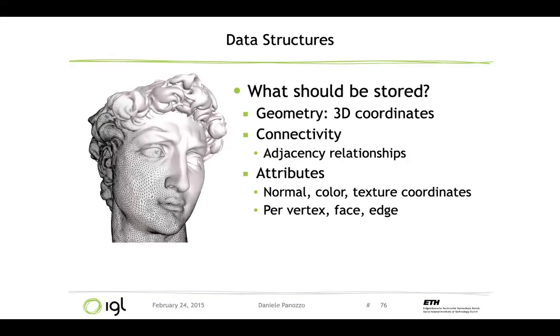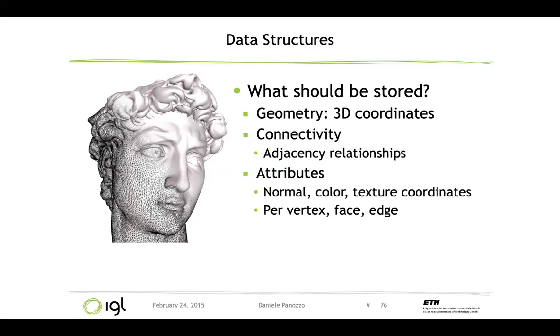So the first thing is that we have a data structure. What should be stored in it? As I mentioned before, we should store mainly the geometry, the coordinates of the vertices. That's what defines the shape. But we also want to define the connectivity, the topology, the adjacency relationships related to all the properties that I mentioned just now.